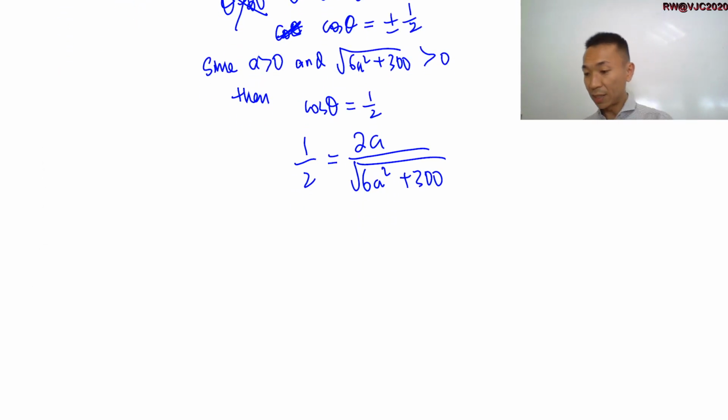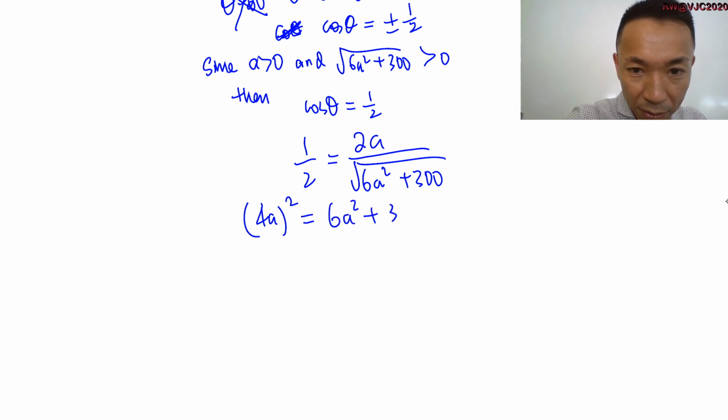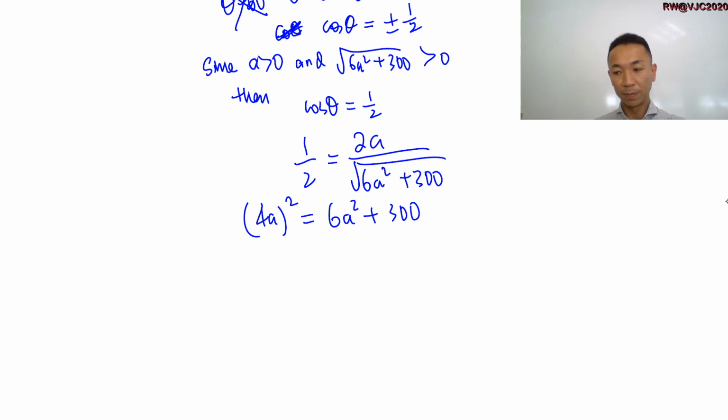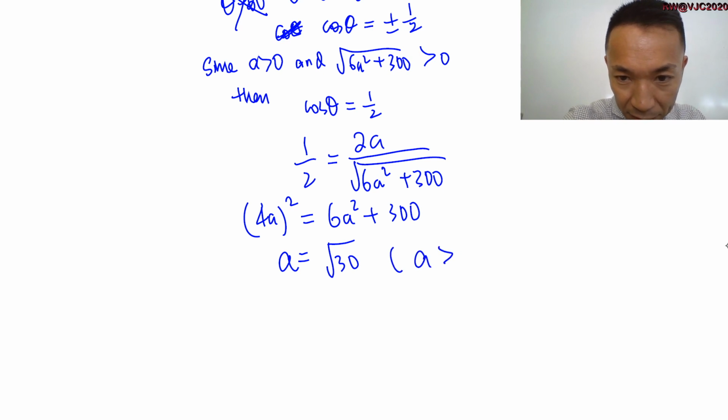I think the rest is easy for most of us, but never mind, let's complete the thing. 4a, no square, sorry. Then you square both sides, you get 6a squared plus 300. Then you get a equals square root 30 because a is positive.